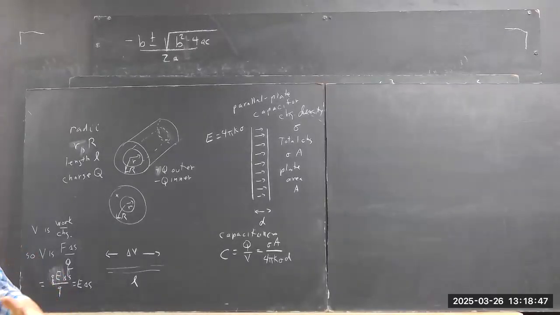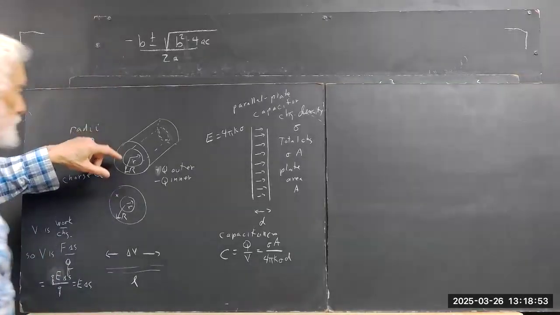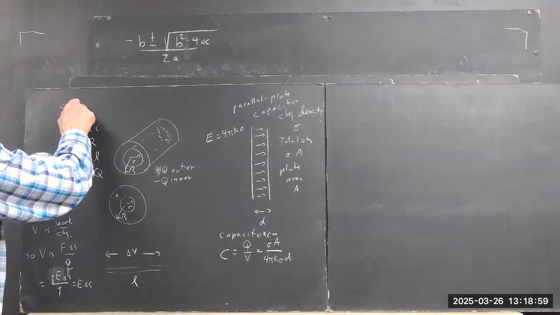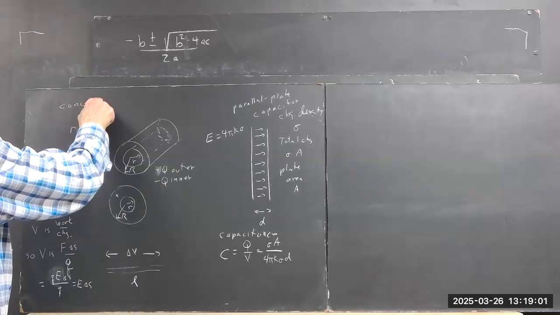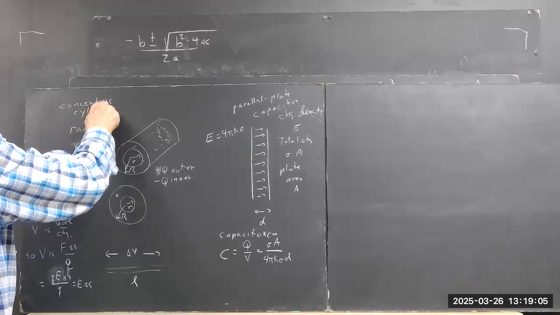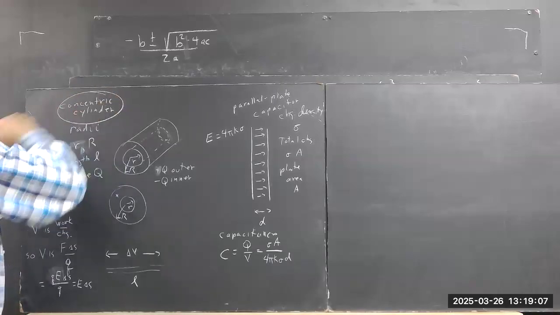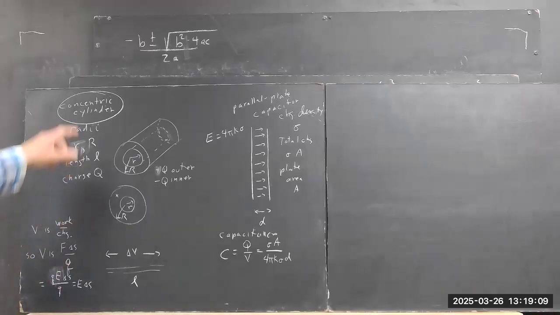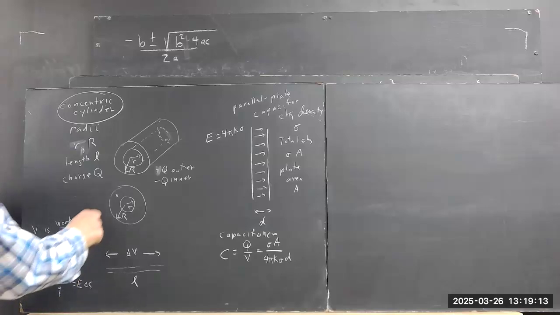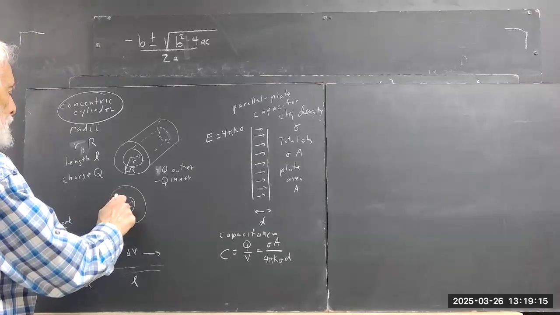You really need to know all that for this chapter. So what you do is a cylinder in between these two. These are concentric cylinders. Okay, so we're going to do a cylinder between these two.